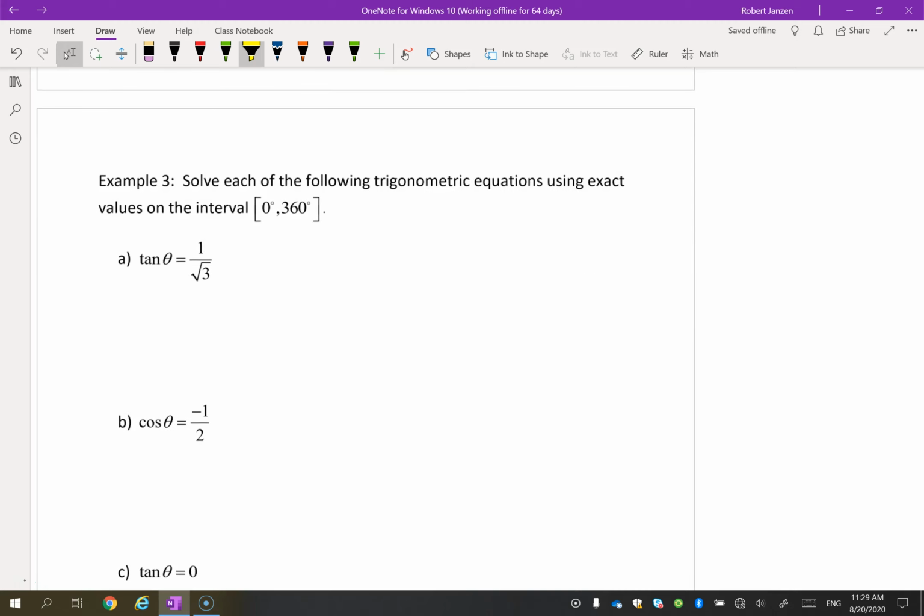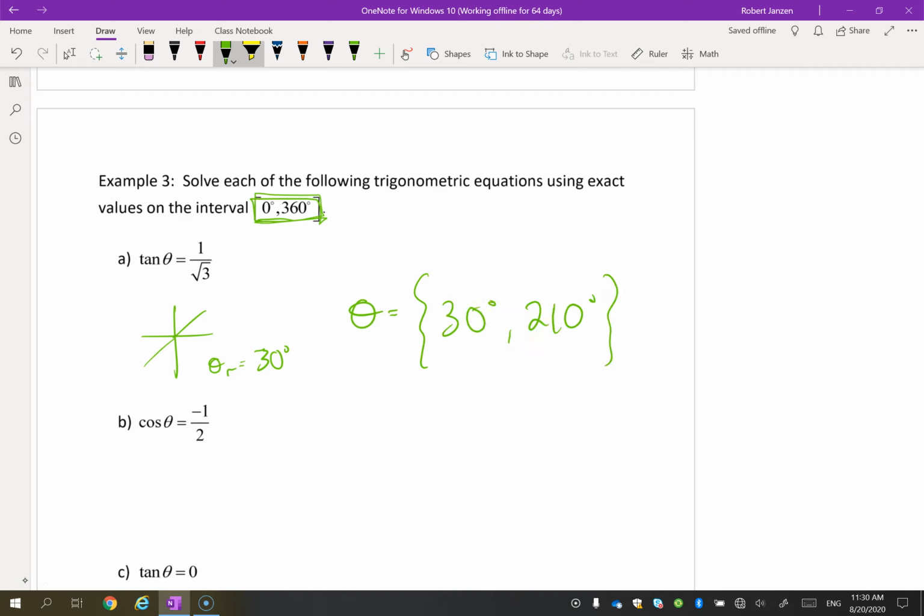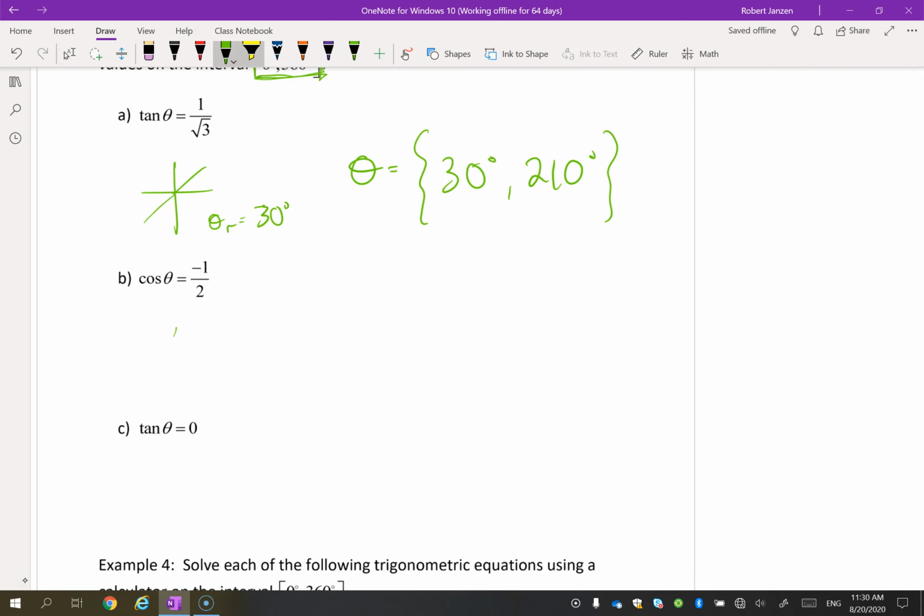Let's just do a quick review here of the degrees. So how do you know it's going to be degrees? You're just going to see what the given domain is. So this will be like what you did last year. So tan is positive here and here. The reference angle is 30 degrees. So you'd get 30 and 210. Okay, cosine is negative. The reference angle is 60 degrees.